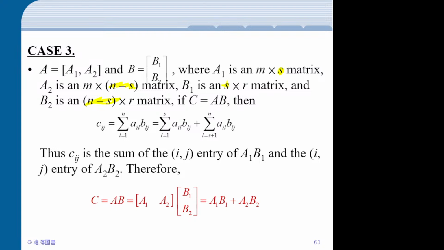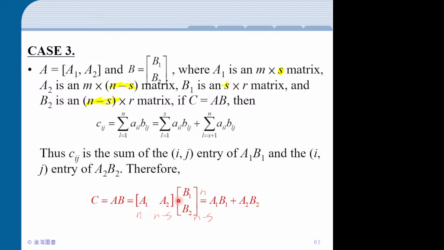So this n is partitioned into s and n minus s, and this n into s and n minus s, and as long as these partitions match, you can do the multiplication. Just as we said, you do the multiplication like a matrix multiplication, with each element being actually another matrix.